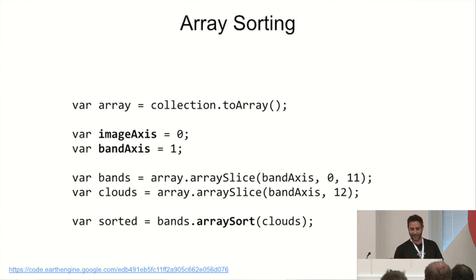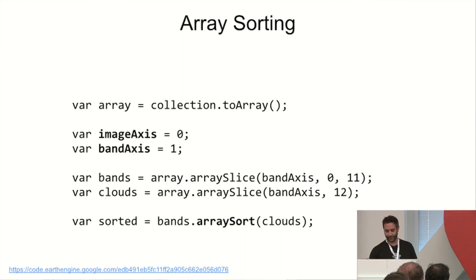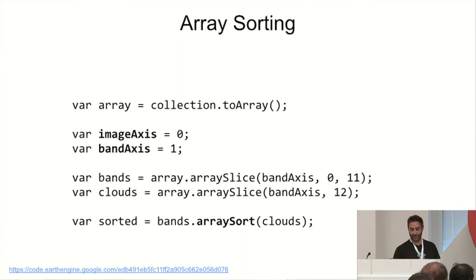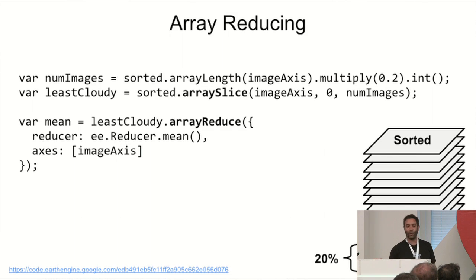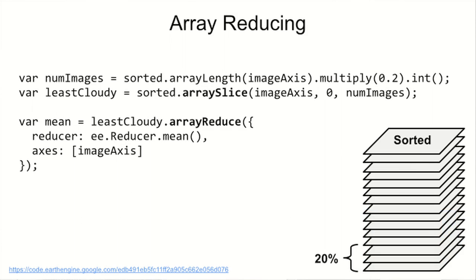So now we can slice apart this array, again, along the band axis in order to get out our 0 to 11 bands and our 12th cloud score band, and then call array sort on the bands with the cloud array as input. So that's going to sort all the bands out here according to clouds, and what you can then do is something like take the 20% least cloudy images in the stack and take their median.